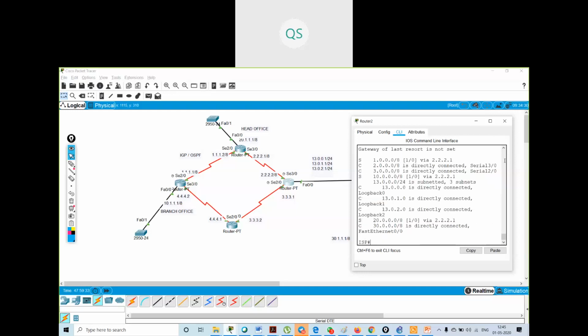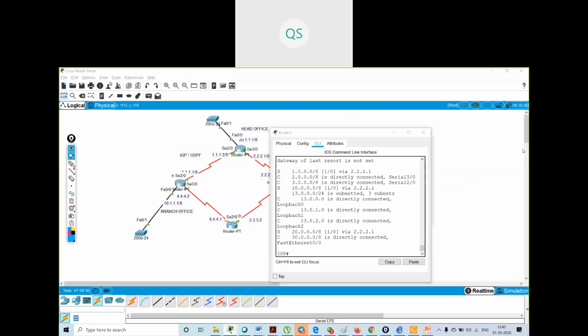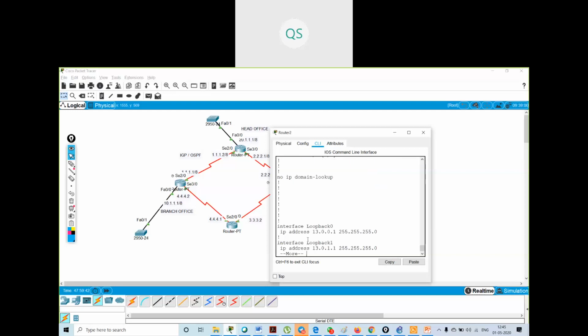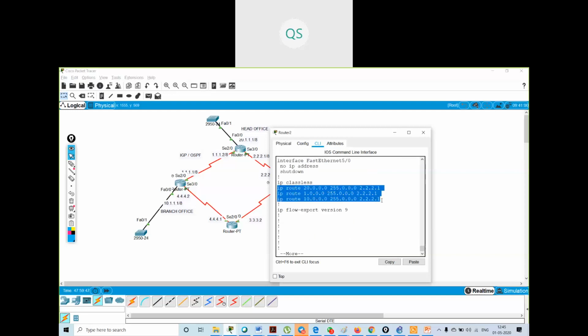So you can see I'm having a static route configured. I will remove all these routes, I don't need them.